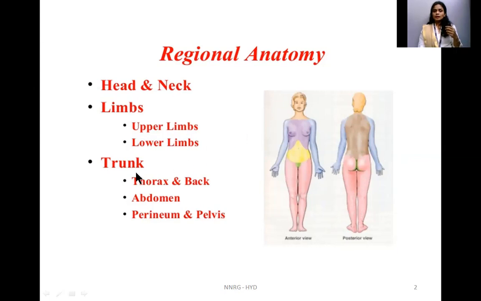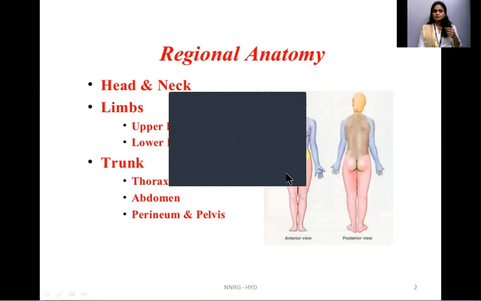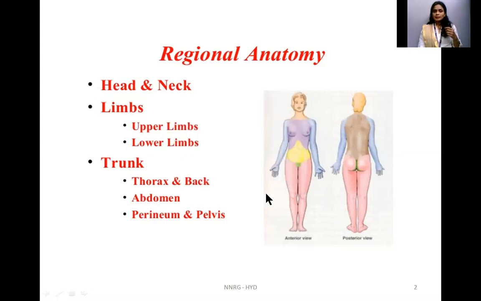Now the trunk has got parts: this is the thorax, and this is the back, and then this is the abdomen, and then perineum and pelvis. This green color is the pelvis and perineum part.